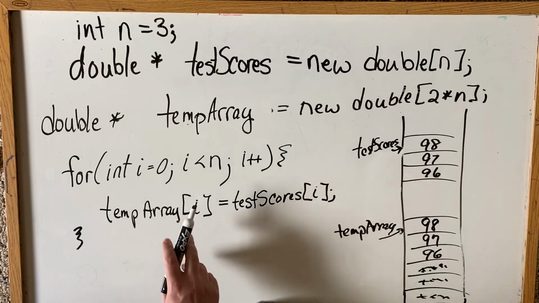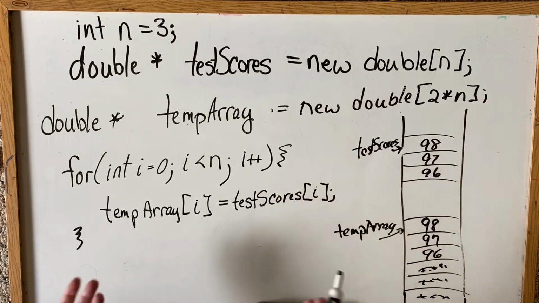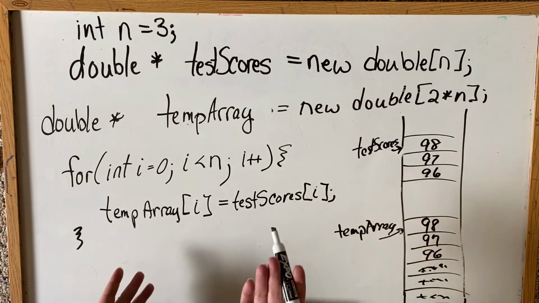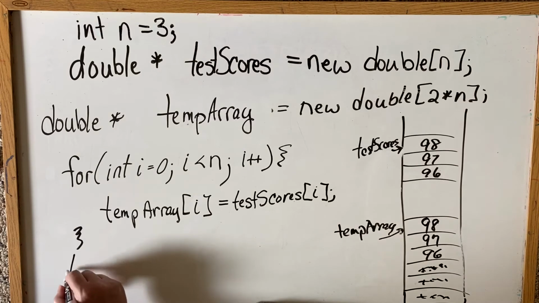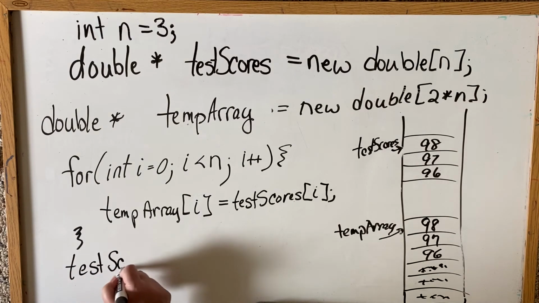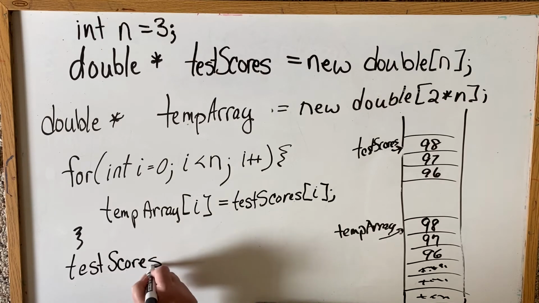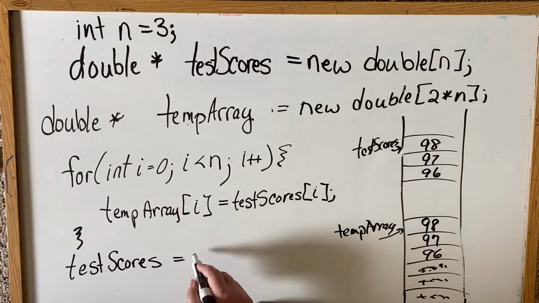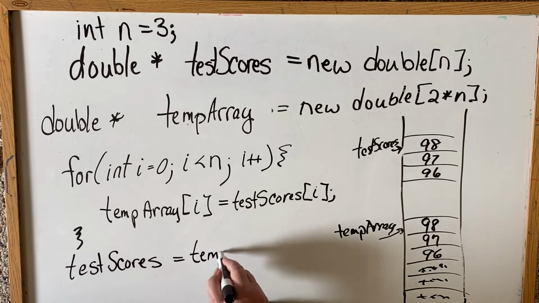Now, we don't want to continue on using the name temp array for everywhere we want to use test scores. So we just say now that test scores is assigned the value of the temp array.